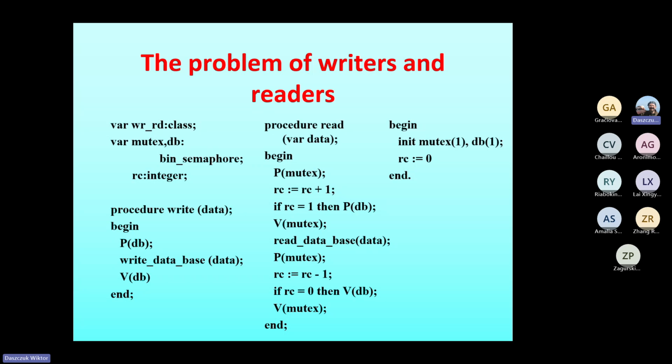DB is here a semaphore. So the database is something to which we can write or read. So we have operations write database and read database. They operate on the database.